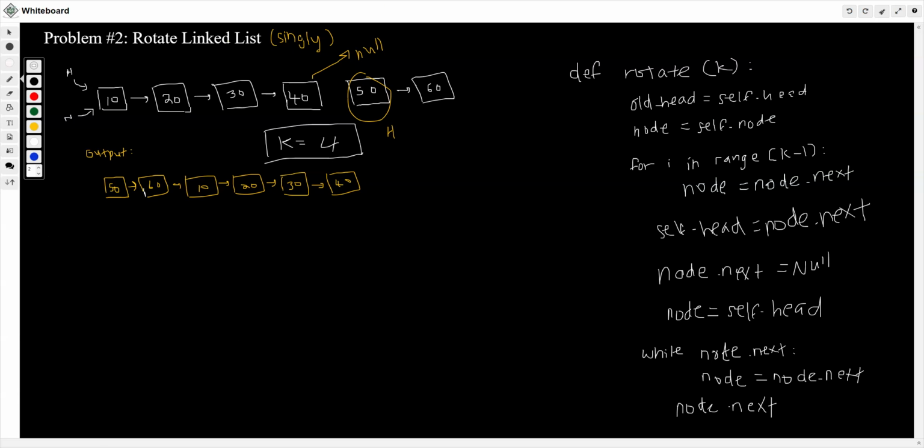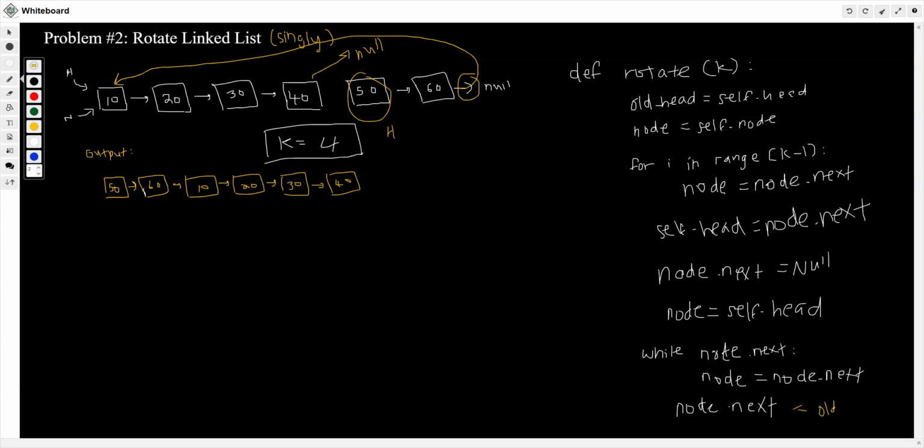wait, no, sorry, I forgot to draw this. So this was pointing at null before, but now this guy right here, which is node.next, is going to go here because it is now the old head. I named it old head. Yeah, old head. That's why I thought it was so confusing.